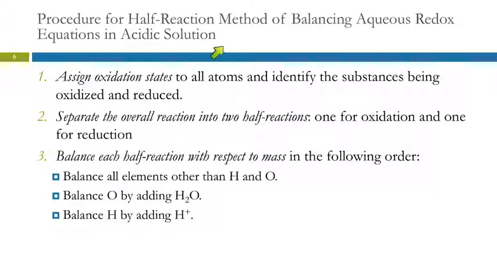These are all aqueous reactions, meaning they're occurring in a water solution. So to balance the oxygens, we can add water because water can participate as a reactant or a product. And that typically introduces hydrogen and causes unbalance with hydrogen. So then we're going to balance the hydrogen by adding H+, because these are acidic solutions, and so there is H+ present.